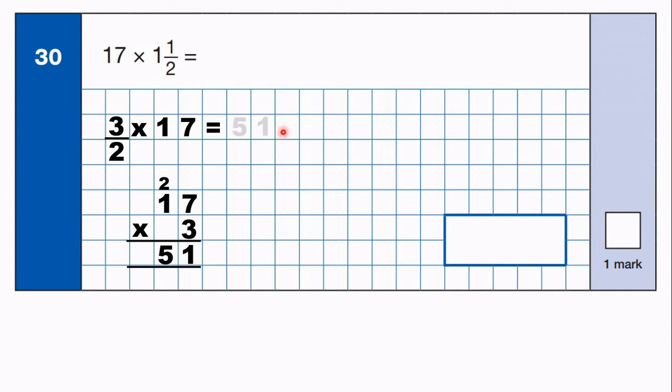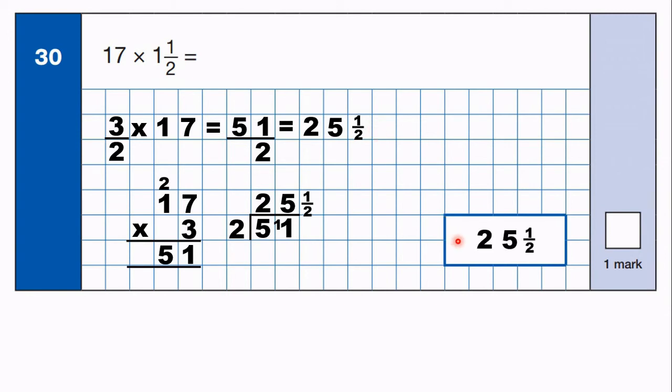So we have 51 over 2. We can change that into a mixed number by dividing. 5 divided by 2 is 2 remainder 1. 11 divided by 2 is 5 remainder 1. So the remainder can be our numerator and the divisor is our denominator. So 51/2 is the same as 25½. So that's our answer.